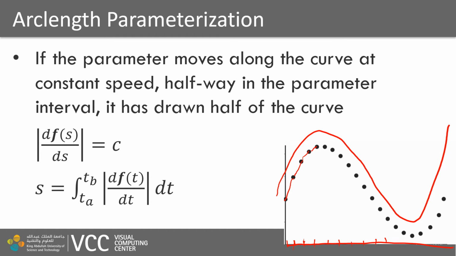In general, we have to have the parameterization under control, and it is often the case that we need to reparameterize the curve. It means that uniformly distant parameter values give equal distances on the curve.